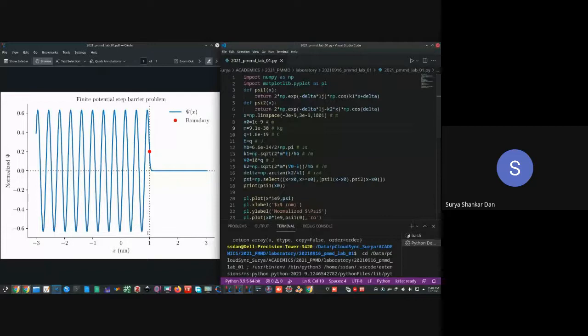So this x0 is now 1 10 power minus 9. Okay, so now the junction is over here. What we get as the conclusion out of this experiment using the simulator is that as we are increasing the weight of the quantum particle, what is happening?